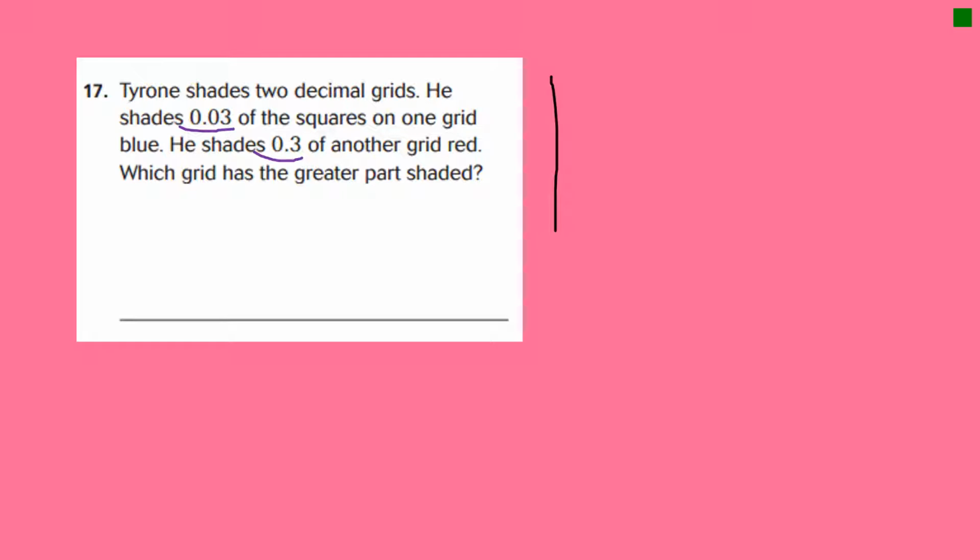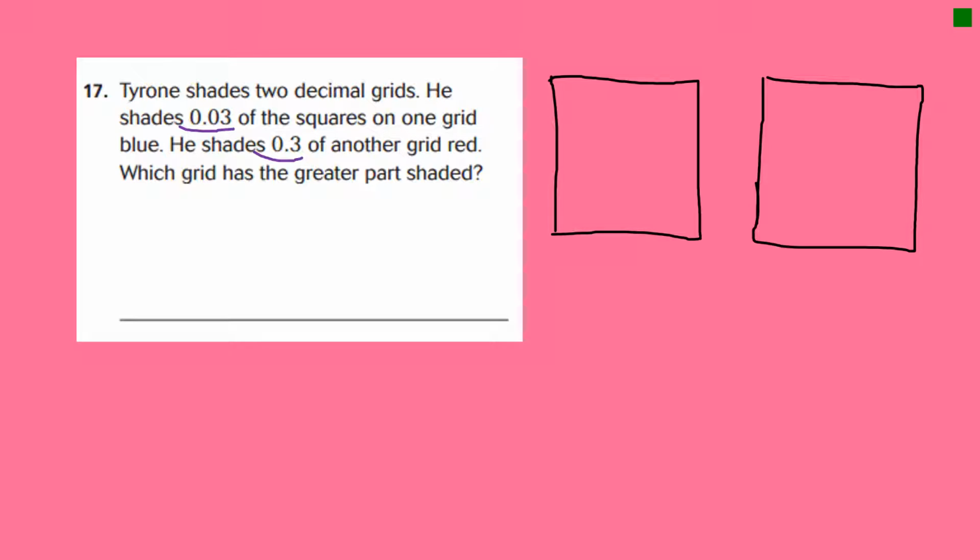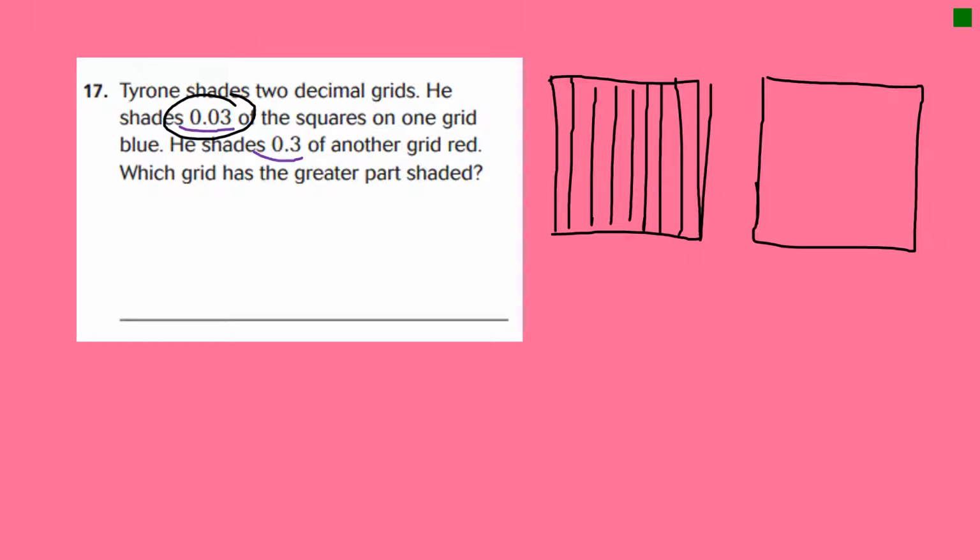So you guys did a lot of work with these decimal grids, okay? So these are grids that are each worth 1 whole. So on one of them, Tyrone shades 3/100ths. So there, that's kind of close.